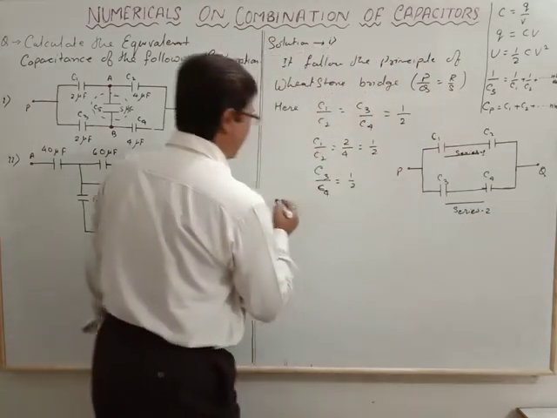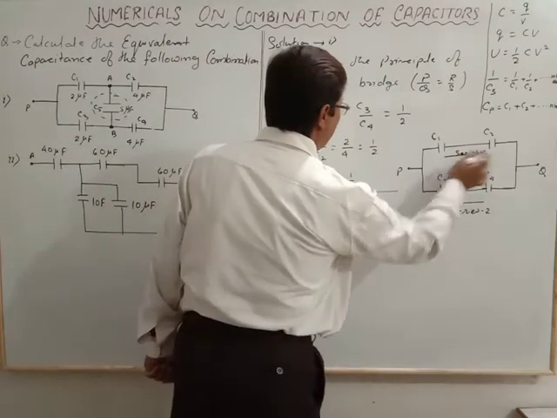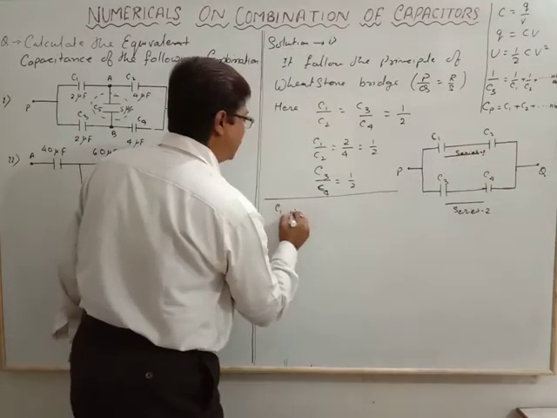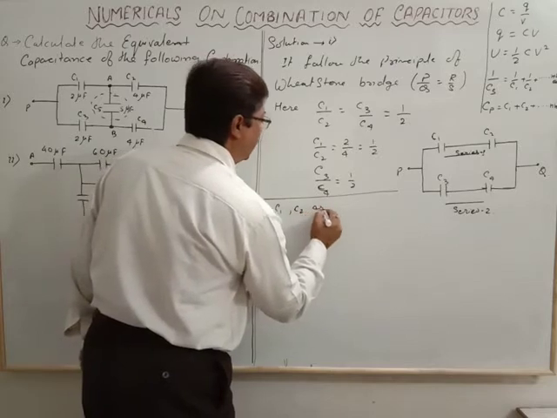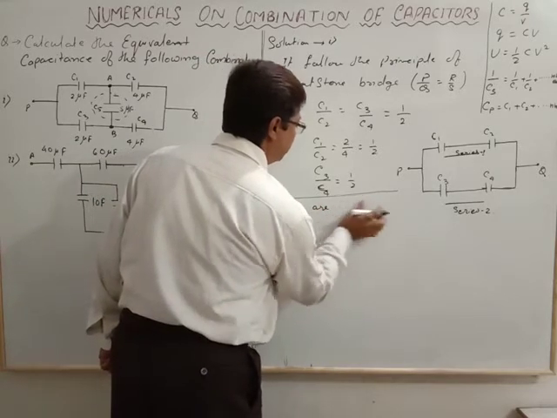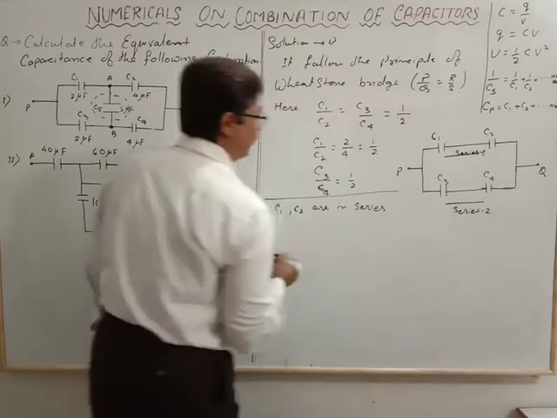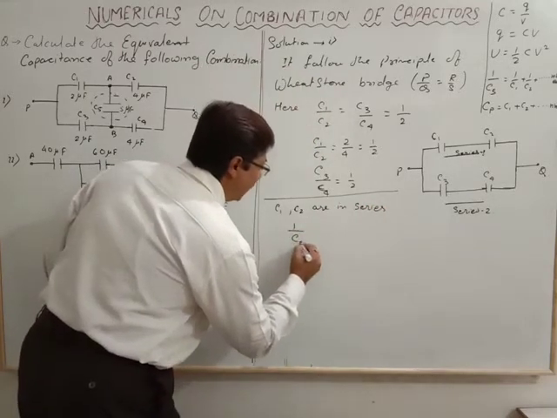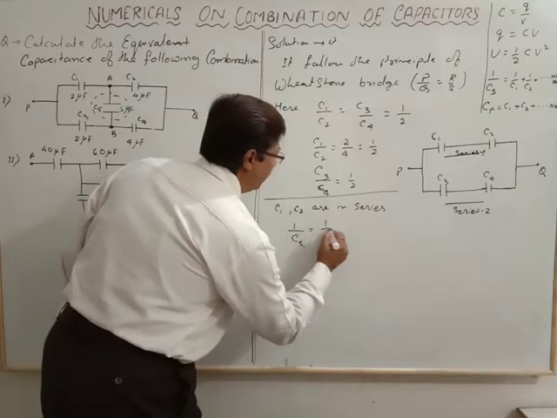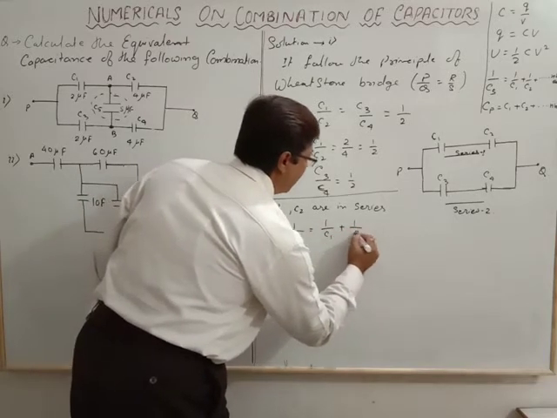So we first calculate for series 1. C1 and C2 are in series, so 1 by CS1 is equal to 1 by C1 plus 1 by C2.